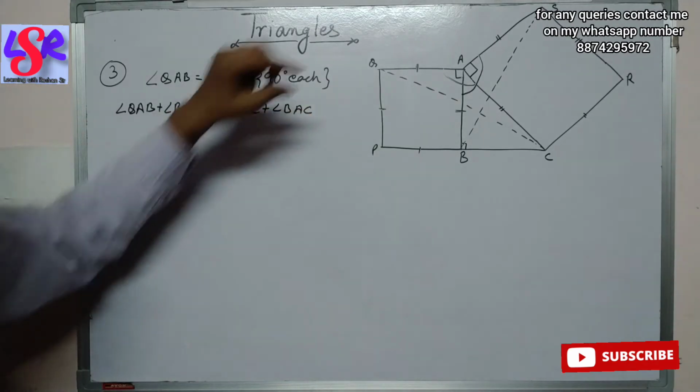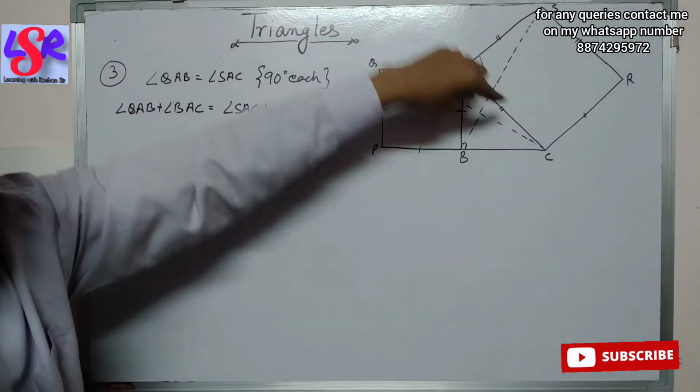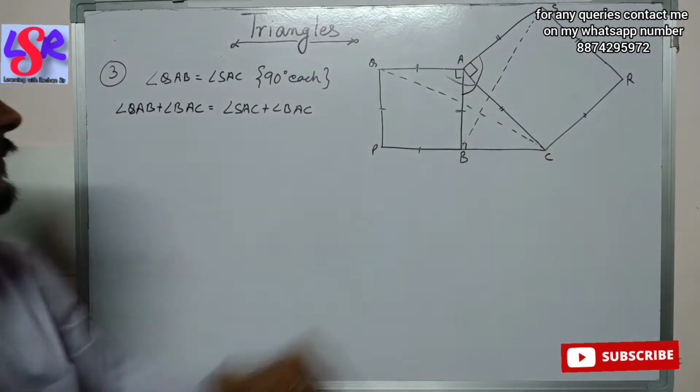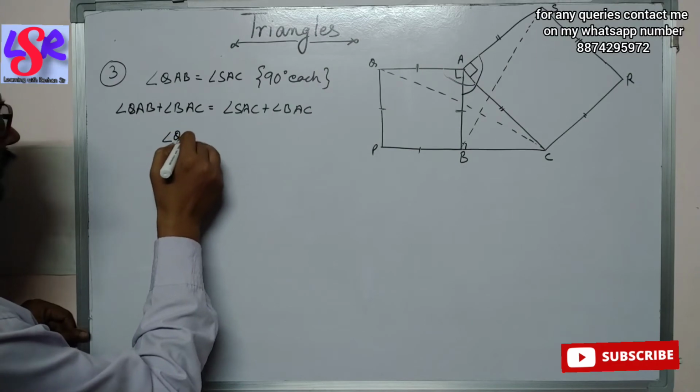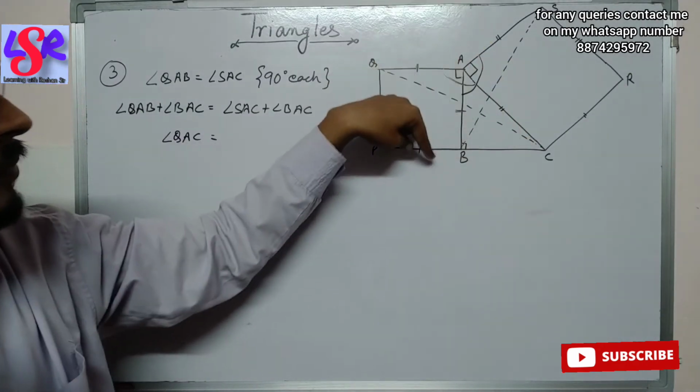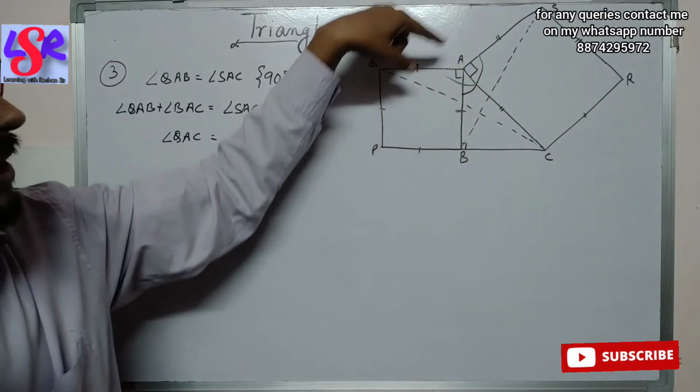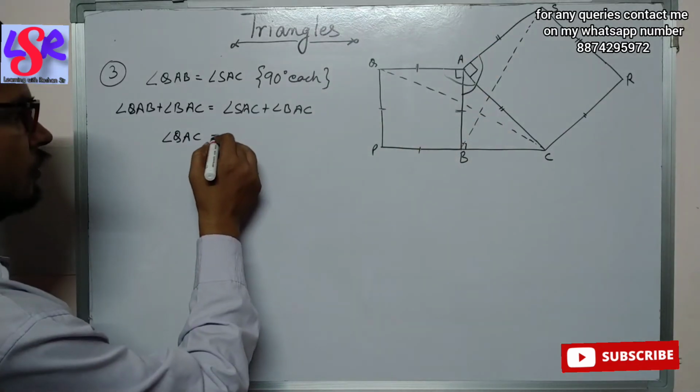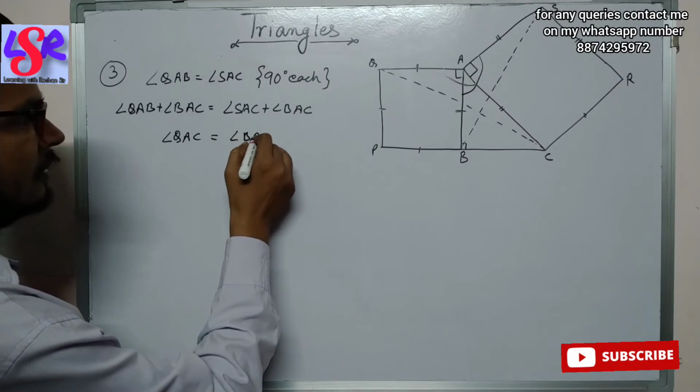Now on adding QAB with BAC, this will become QAC. So angle QAC equals this SAC and BAC will become BAS. So here we get angle BAS.